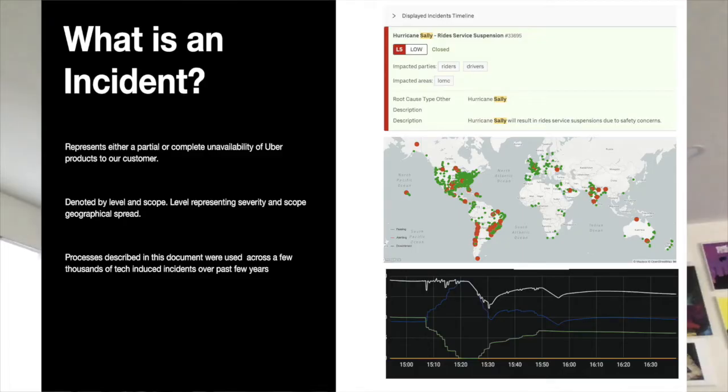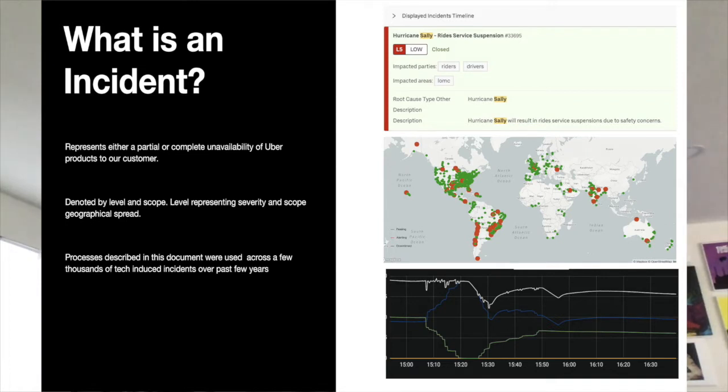Okay, so let's start with what we call an incident at Uber. An incident generally at Uber represents either a partial or complete unavailability of Uber services to our customers. Think of a small feature in the product which may not be working as expected in terms of performance or in terms of its efficacy.